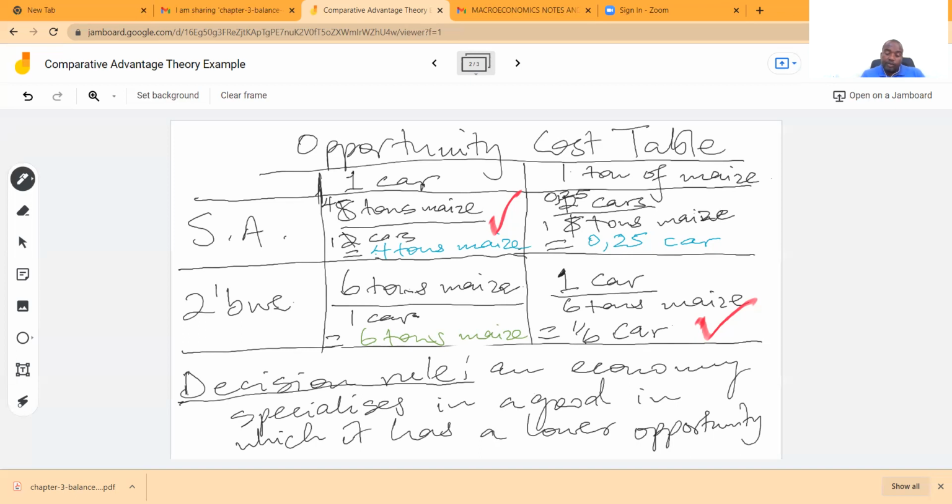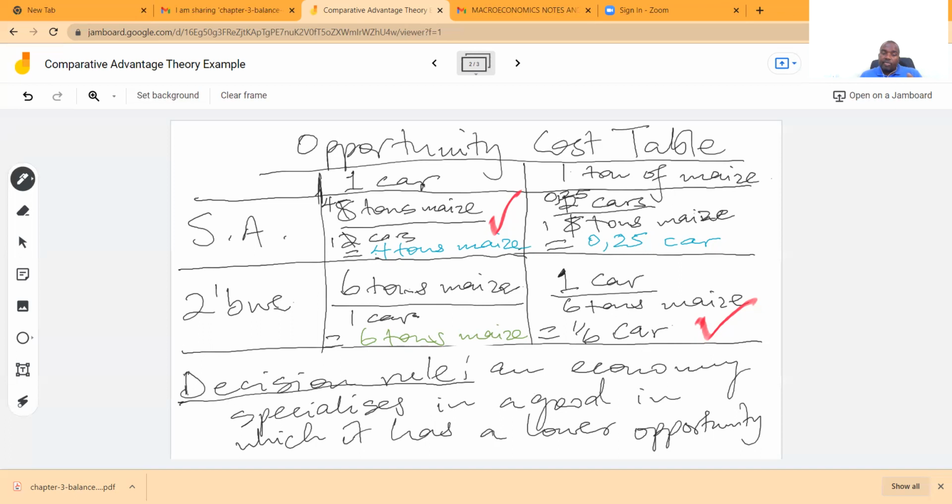Because remember, the opportunity cost of producing a car in South Africa is 1:4. So at 1:6, South Africa gains 2 tons. And then the second transaction gains another 2 tons. It's now equivalent to 4 tons of maize, which is the opportunity cost for producing 1 car.